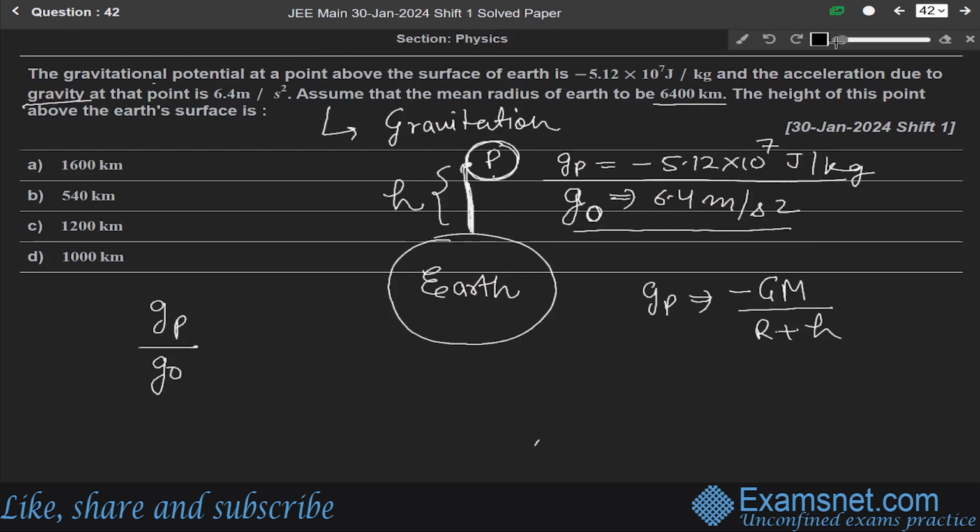This H, okay? R is what? Radius of the Earth, and Gp is given as minus 5.12 into 10 to the power 7. And the formula for g naught is GM over R plus H whole square, and it is given as 6.4 meter per second square.